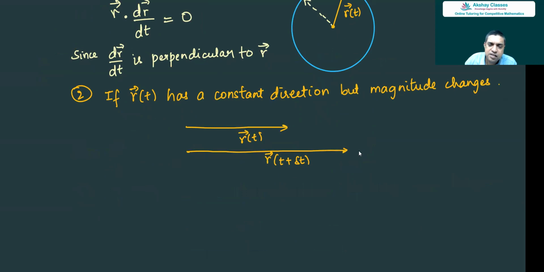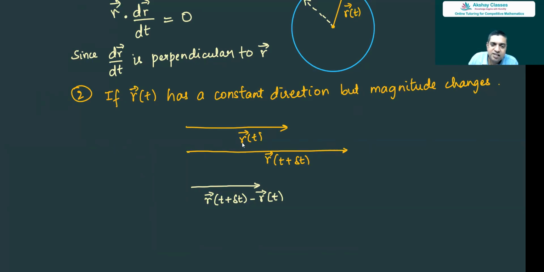So the difference will also be along the same line. The difference will only be in terms of the length, r of t plus delta t minus r of t, not in terms of direction.